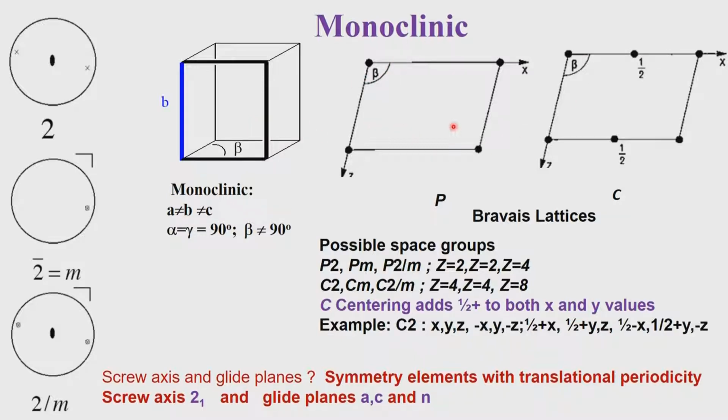This is the projection diagram of this, where we have projected the unit cell, and in this particular case this is the x direction. So this is the A cell dimension, and this is the C direction, which is the Z direction. So this is an AC projection, and in the AC projection you can get a primitive cell.